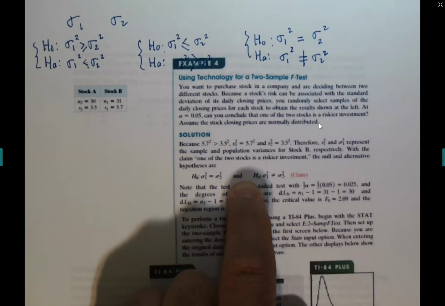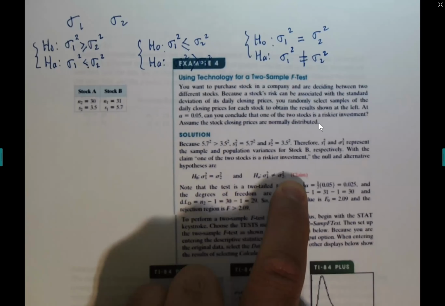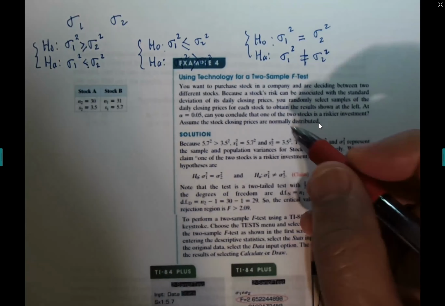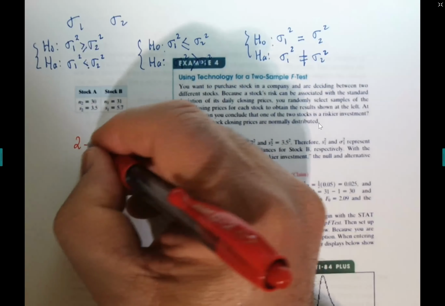And since he wants to check if one is riskier than the other, the claim must be in the alternative hypothesis. Now, after you set this one up, guys, all you need to know is that when you compare two variances, we use a test called the two sample F test.